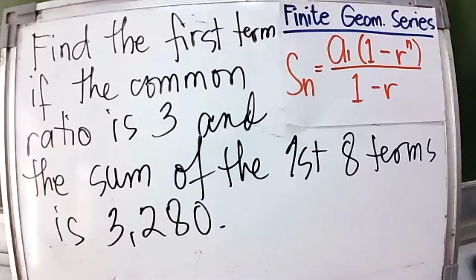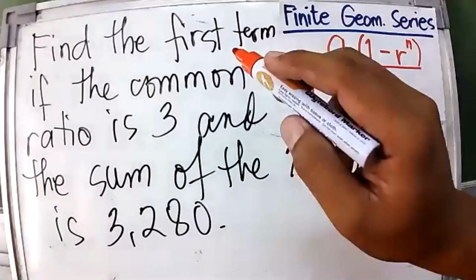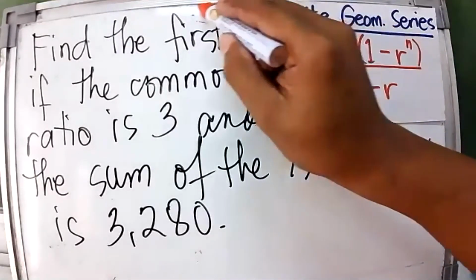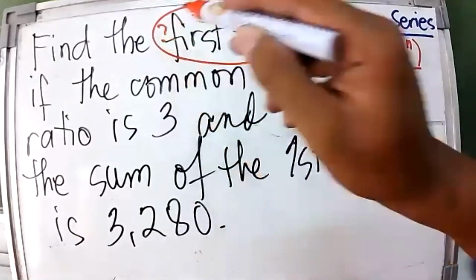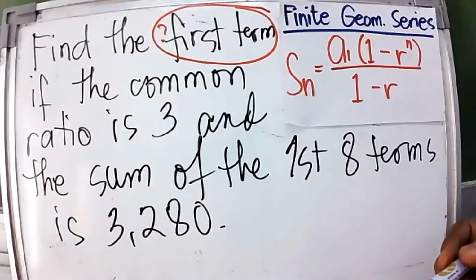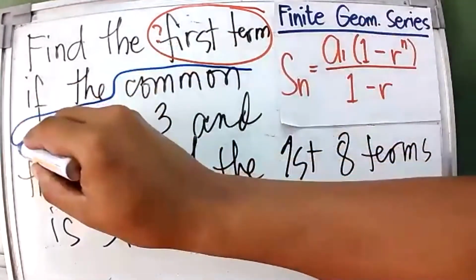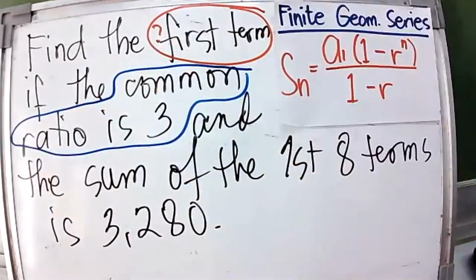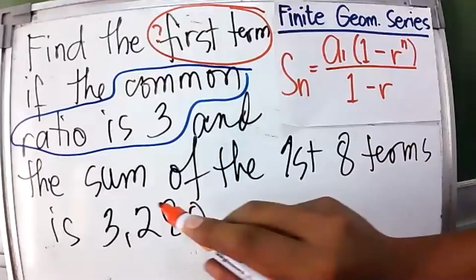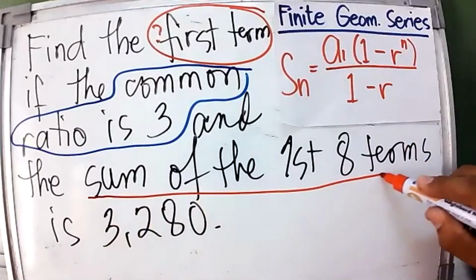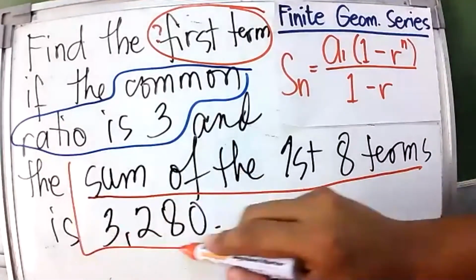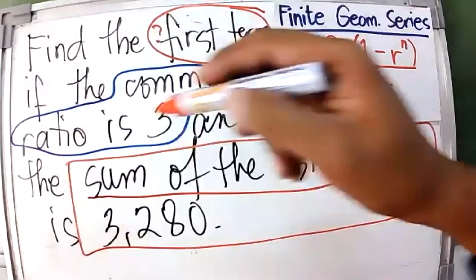Okay. So, let's have this now. The first term is the unknown. Let's just organize our given. The common ratio is 3. Here is another given. The common ratio is 3. And then, the sum of the first 8 terms is 3,280.